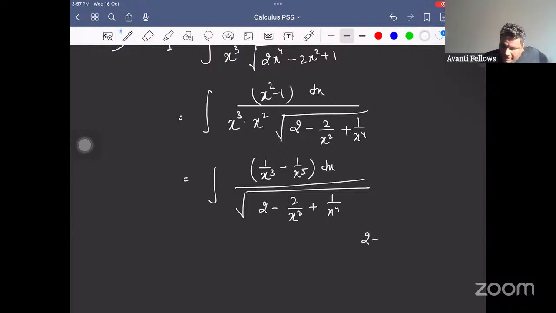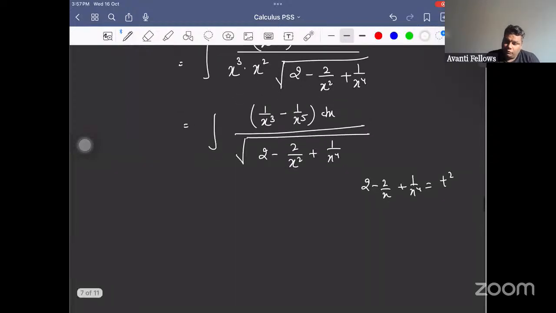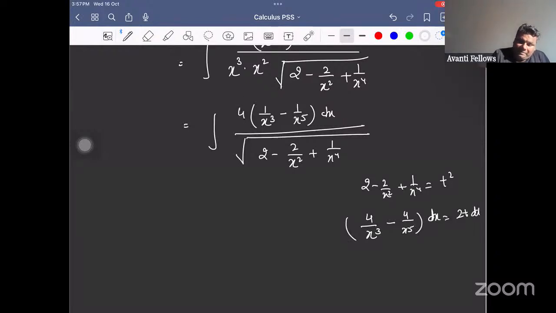Now let's do a substitution. Let 2 minus 2 by x square plus 1 upon x to the power 4 be t square. Now if you differentiate it, you will get 4 upon x cube minus 4 upon x to the power 5 dx as 2t dt. So here also multiply by 4, divide by 4. So you get 1 by 4.